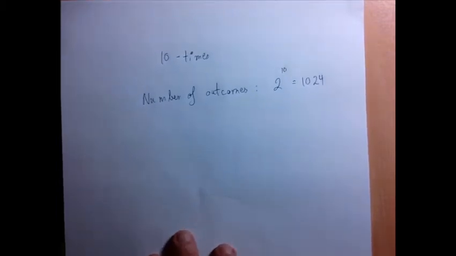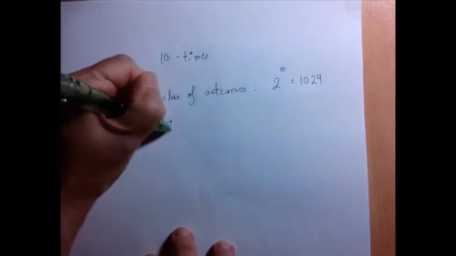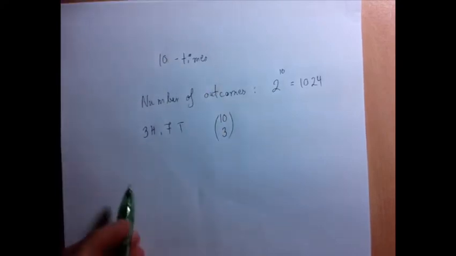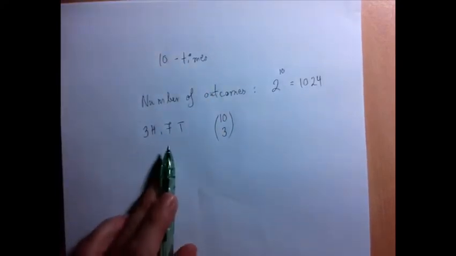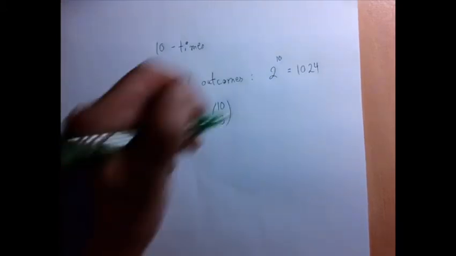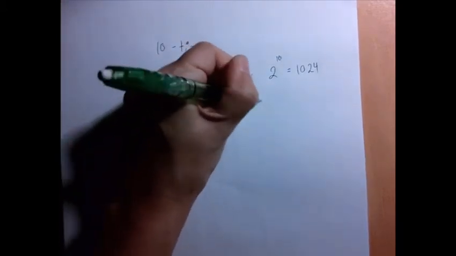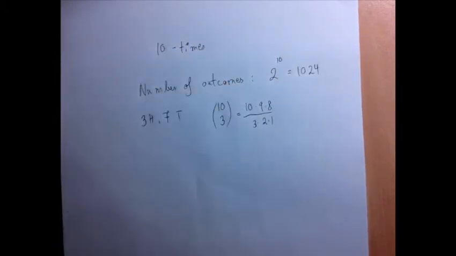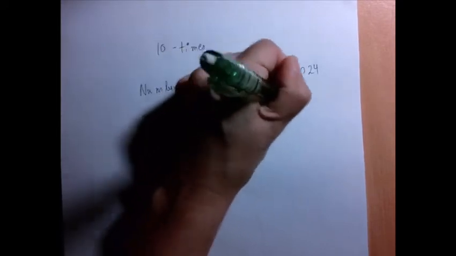How many ways can we get, say, 3 heads and 7 tails? Well, if we choose the 3 spots for the heads, then the other 7 automatically have to be tails. So it's just 10 choose 3, which is 10 times 9 times 8 divided by 3 times 2 times 1, which is 6. So we have 120.